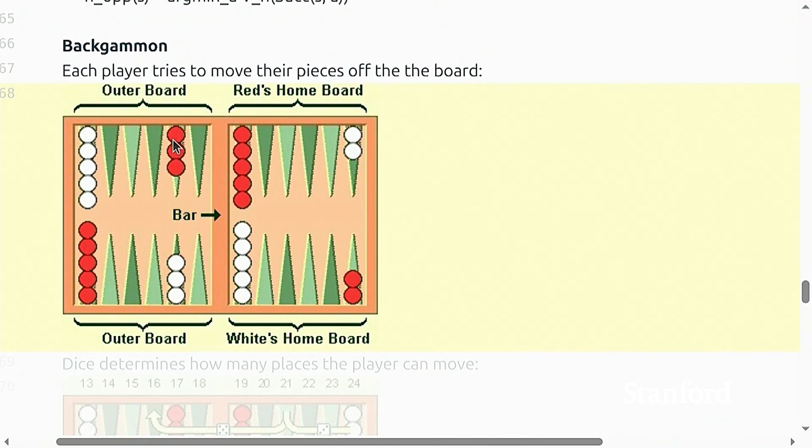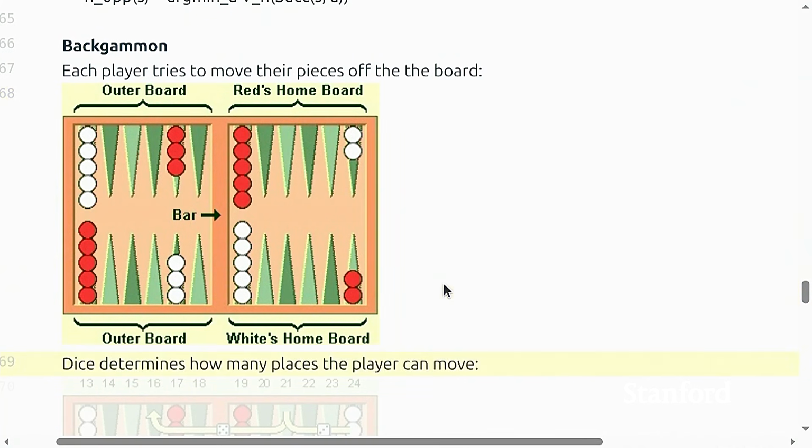And the goal is to move your pieces off the board. Okay, so if I'm the red player, I have my pieces here. I'm trying to basically move all these pieces around clockwise to my home board and then off. And the white player is going to take all these pieces and try to move them counterclockwise and off the board.